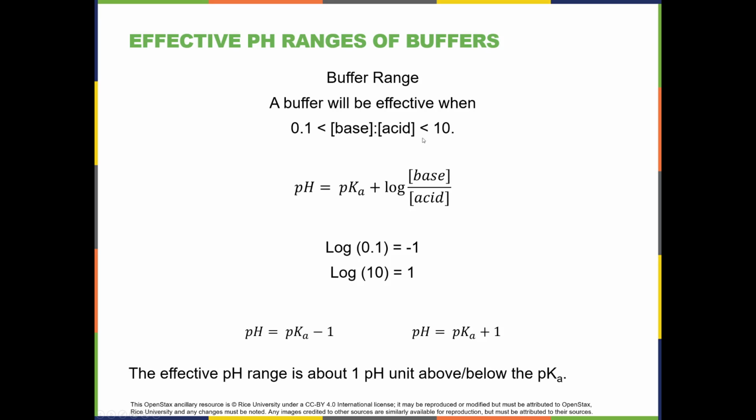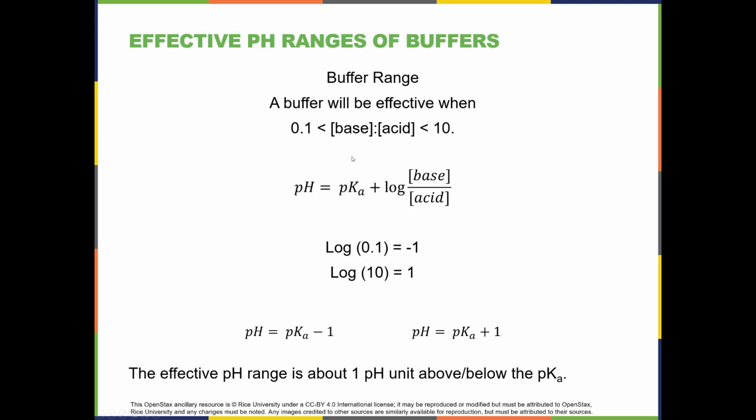Said another way, you have 10 times more base and it's equal to 10, or you have 10 times more acid and it's equal to 0.1. Once you go beyond 10 times more acid or 10 times more base, it becomes less effective.